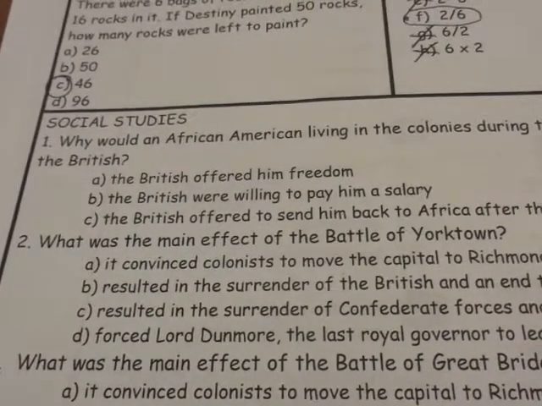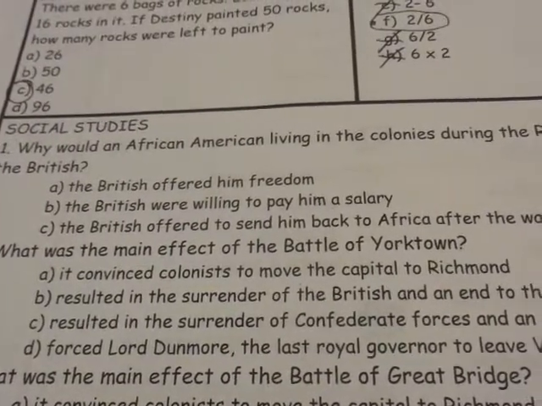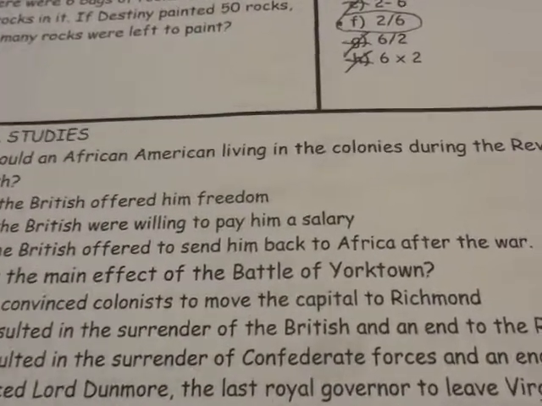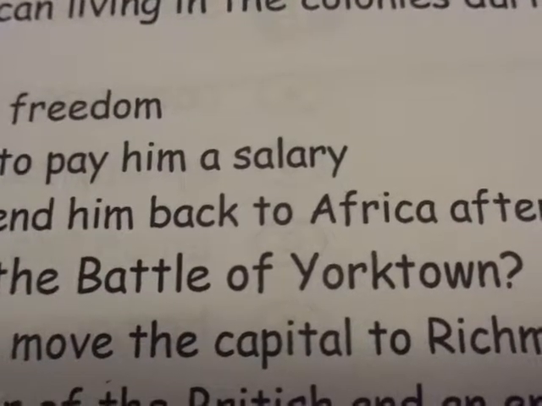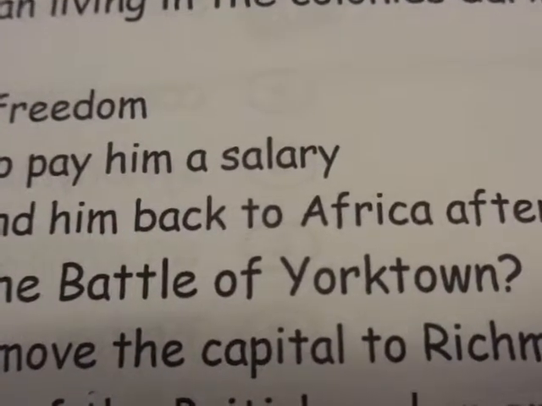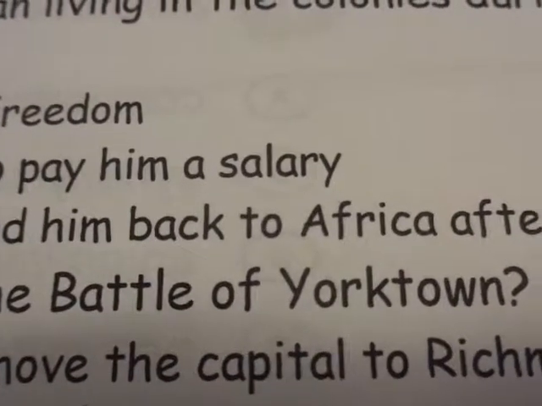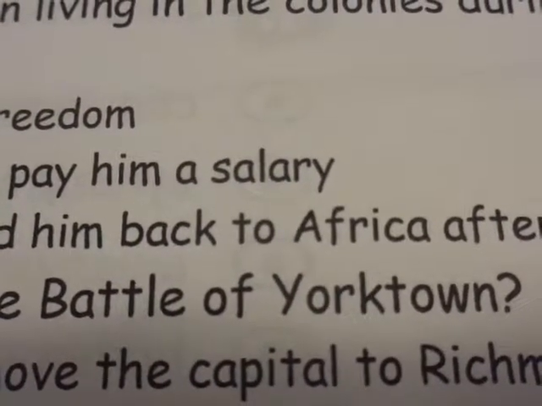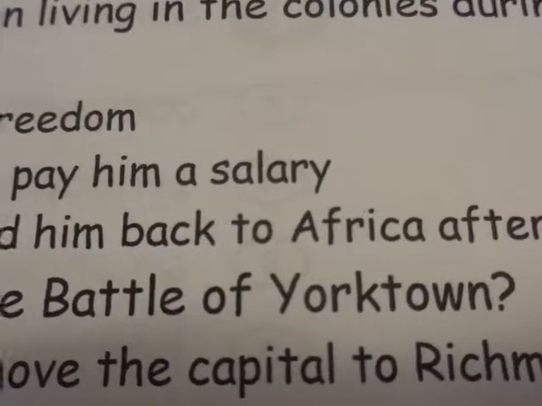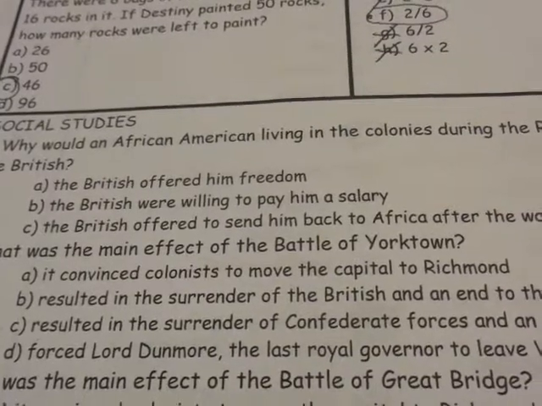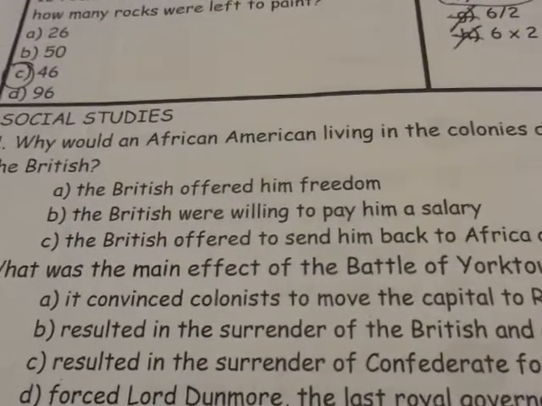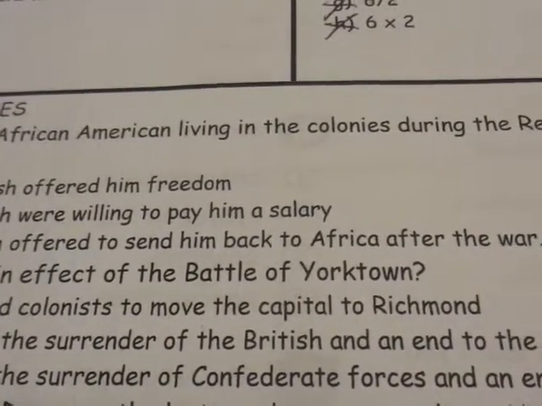Number 2, what was the main effect of the Battle of Yorktown? So, we've got to know that the Battle of Yorktown was a really important time period of the Revolutionary War. This is where the war ended, and it all happened in Virginia. So, what happened there? How did it end? A, it convinced colonists to move the capital to Richmond.